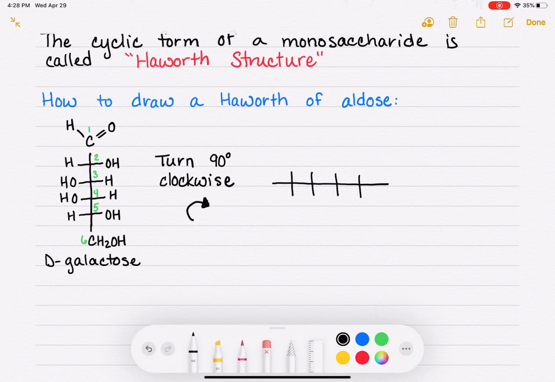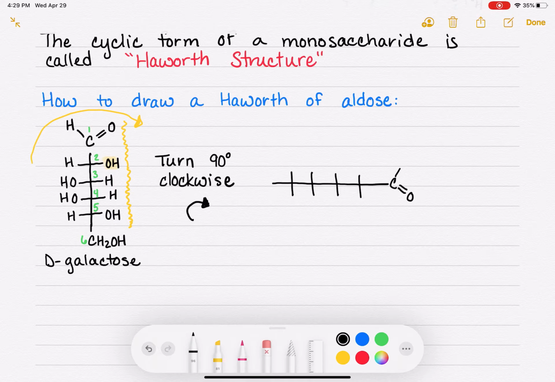When we turn the molecule clockwise, you have to be really careful about where the different OH groups end up. The things that are on the right side, are they going to be on the top of our drawing or on the bottom?